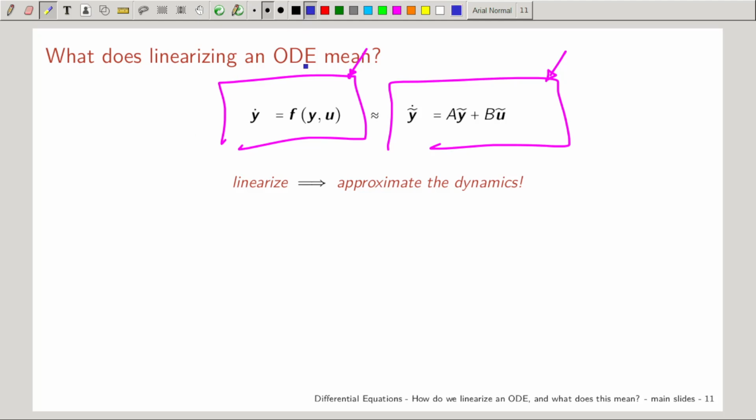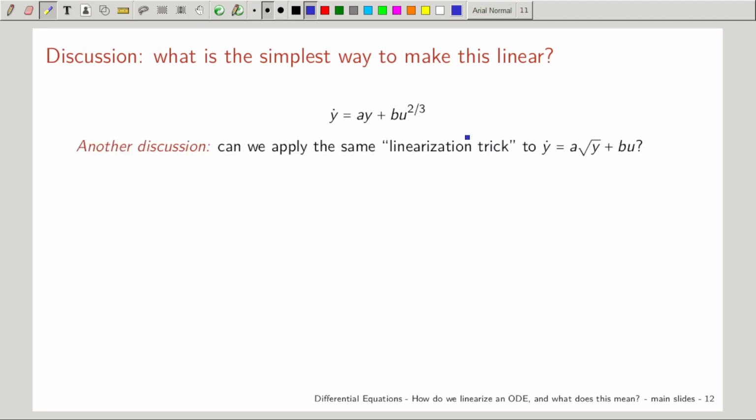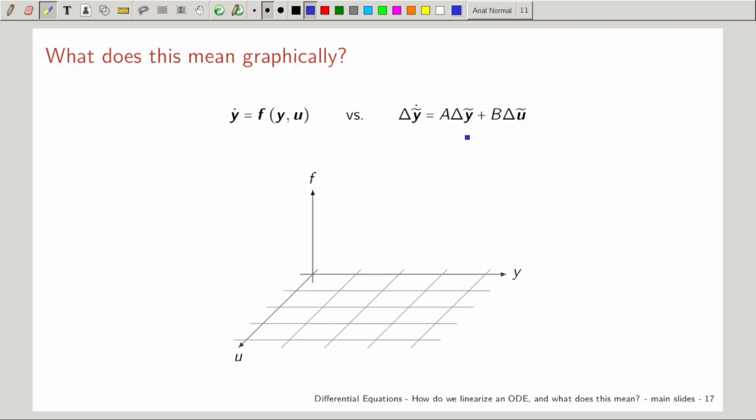Now, whenever we approximate an ODE, we are moving from linearization of functions to linearization of ODEs. Linearization of ODEs is a very different animal, because from a conceptual perspective, things are very different. Let's make an example. So this is non-linear and this is linear. Perfect.